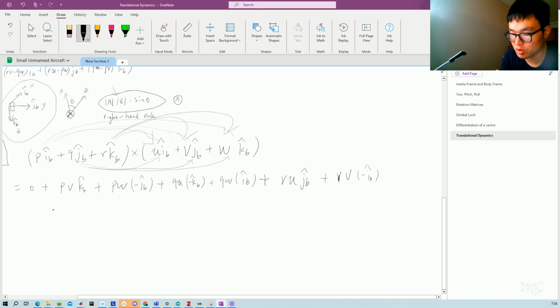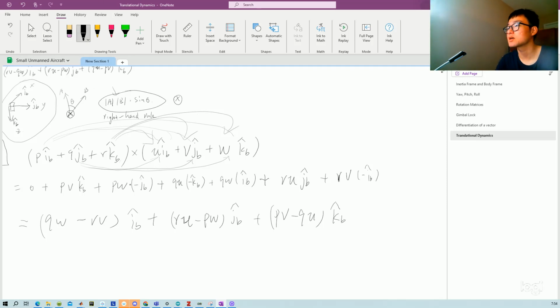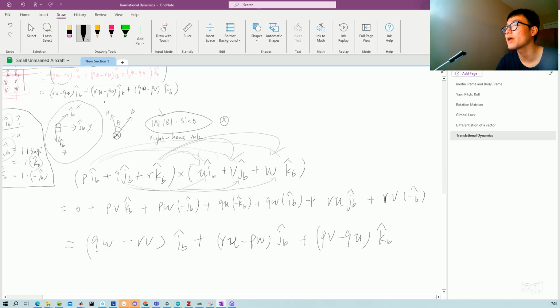When we lump terms together, it equals QW minus RV, IB hat, plus RU minus PW, JB hat, and then PV minus QU, KB hat.